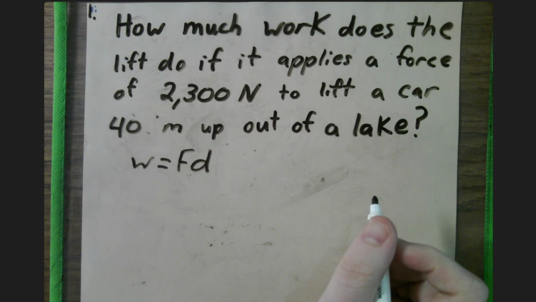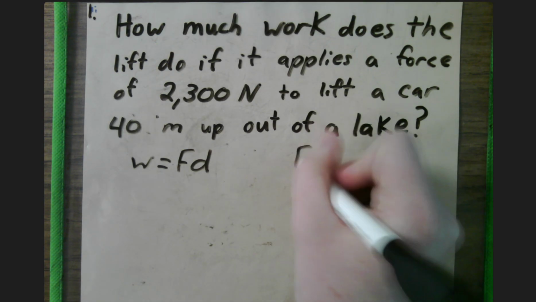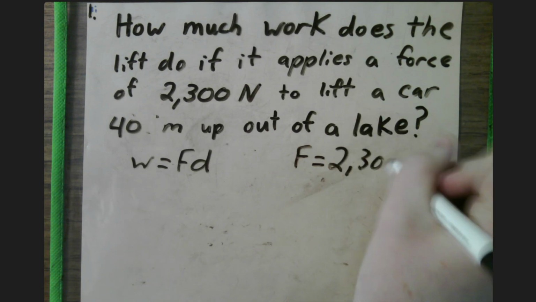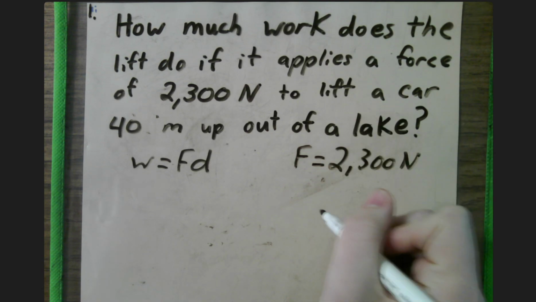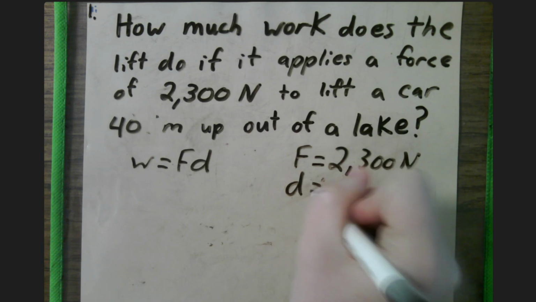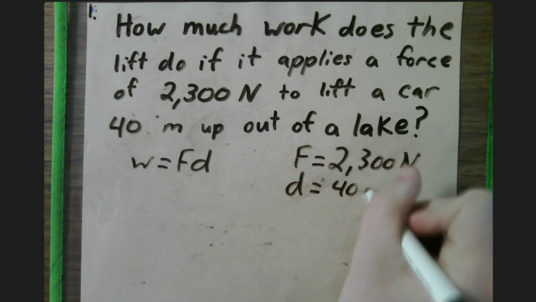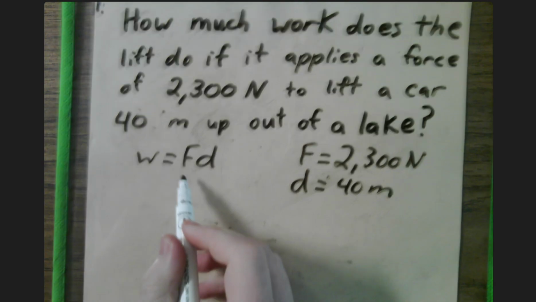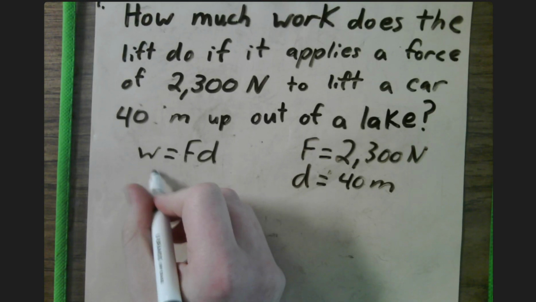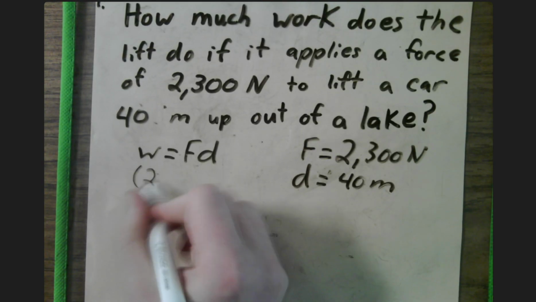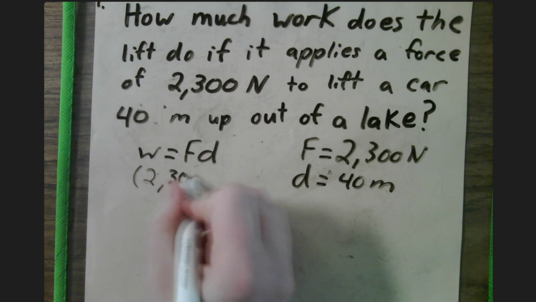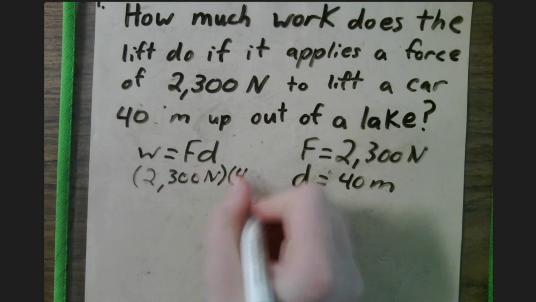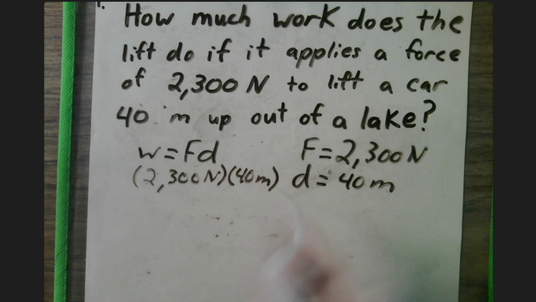Let's see what we have. We have our force is 2,300 newtons. Our distance is 40 meters. So let's plug it into our formula. Force is 2,300 newtons times 40 meters.